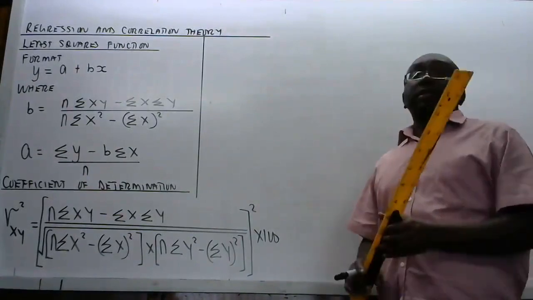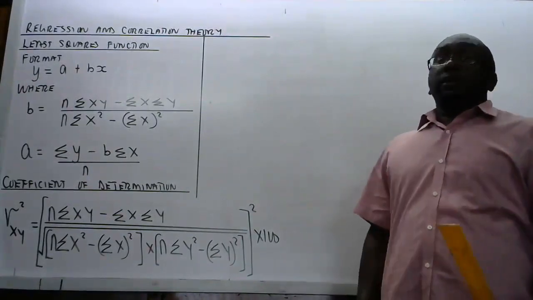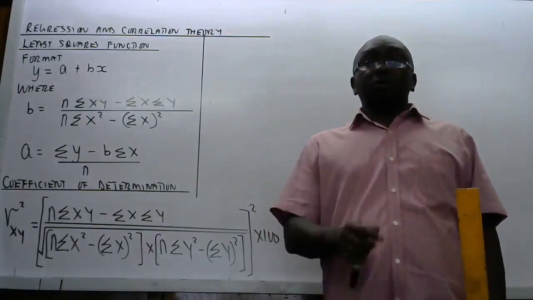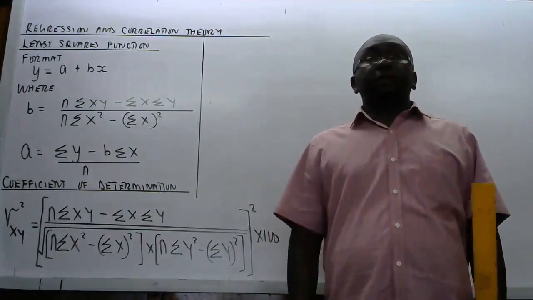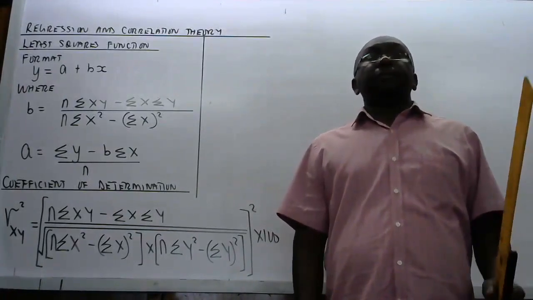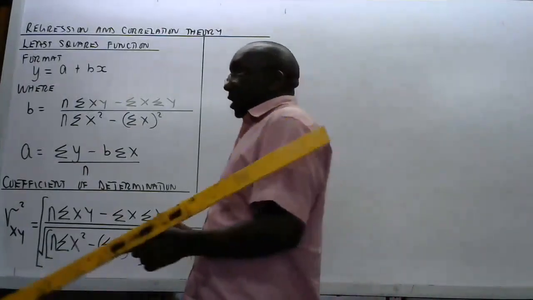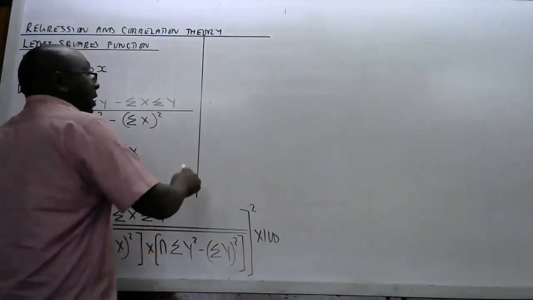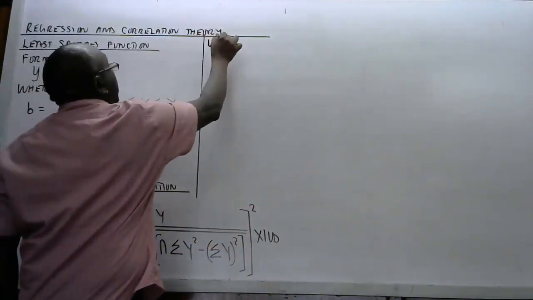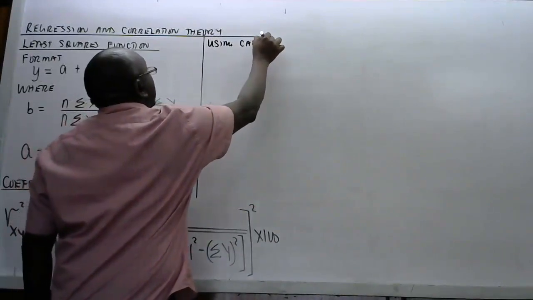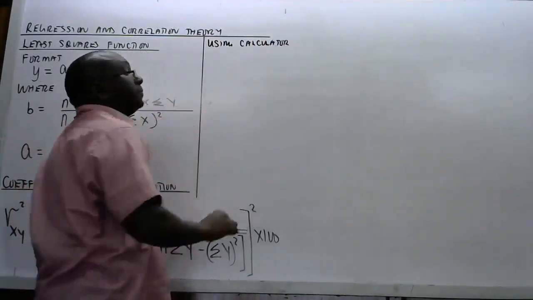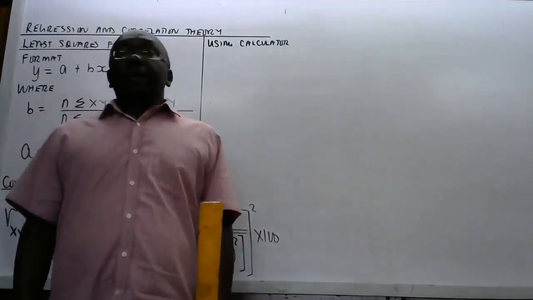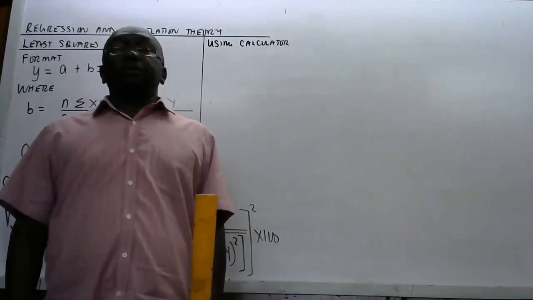Then from there, we seek to prepare the analysis table. And I believe we all know how to use the calculator. Do you remember using the calculator for regression? So what we will do, when you are making the usual table, using the calculator, let's set the calc for regression.